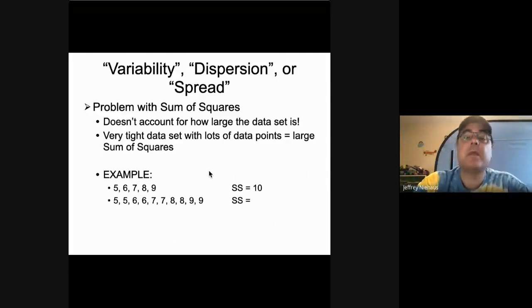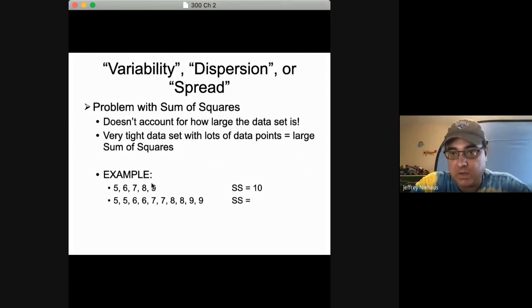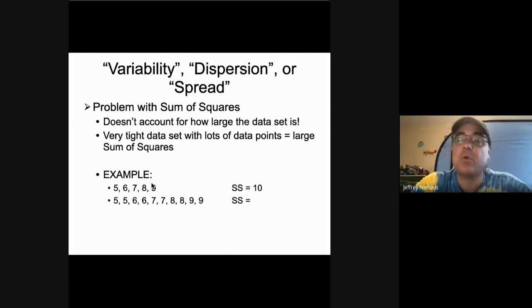Okay, no problem. But take a look at the data set below it. I hope nobody would really seriously argue that the data set here has more variability or is more spread out or is more diverse than the top data set. There just happen to be twice as many values in it, but they are spread out in the exact same way over the exact same range. They're just more dense.